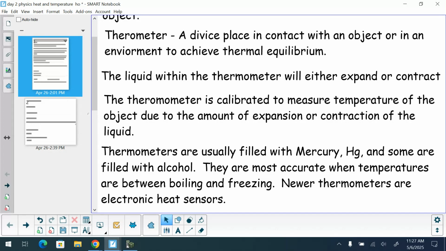Or if you drop a thermometer, you have mercury on the floor that beads up, and you have to be able to clean that up. So you start running into health issues, and that's why we put a heat sensor in your mouth instead. It's a little bit better, safer for the environment and also the people.